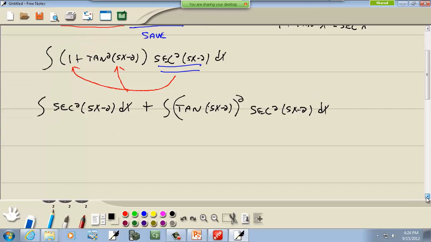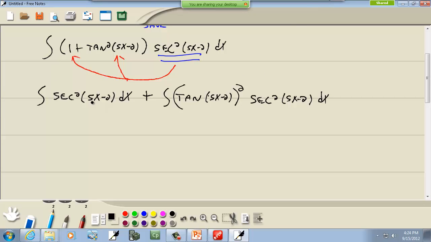Okay, so let's take a look at some substitutions here. I'm going to let what's inside the parentheses here be u. So we got u is equal to 5x minus 2. du would equal 5 dx. So we need a 5 inside. We'll offset it with a 1/5 out in front. Now over here, I'll choose a different variable. I'll choose w.